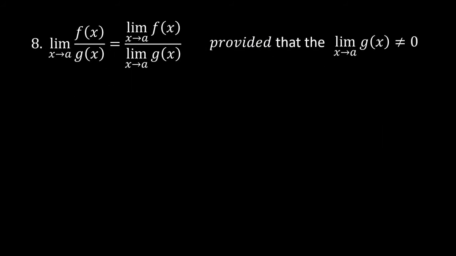Theorem number 8. The limit of f of x divided by g of x as x approaches a is equal to the limit of f of x as x approaches a divided by the limit of g of x as x approaches a, provided that the limit of g of x as x approaches a is not equal to 0.